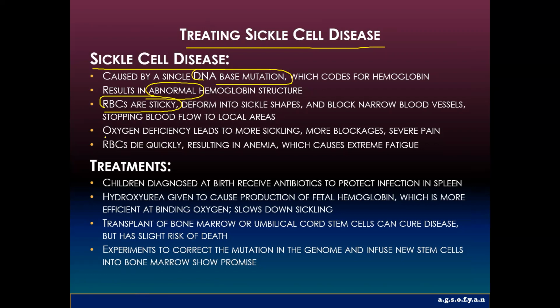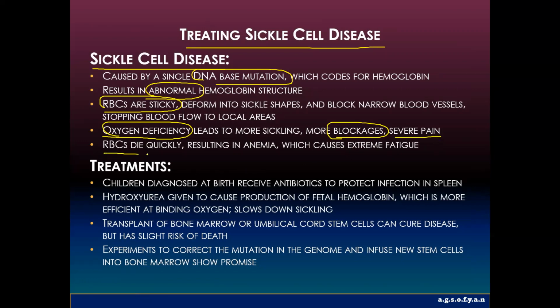Because the red blood cell has a different or abnormal shape, it carries less oxygen, so there is oxygen deficiency. It can also cause blockage of circulation and severe pain.